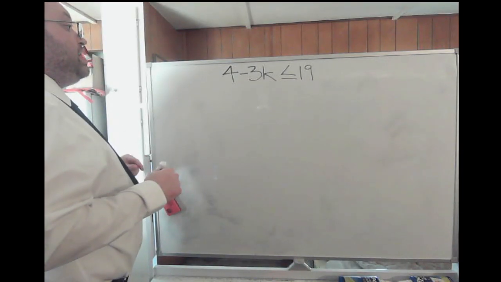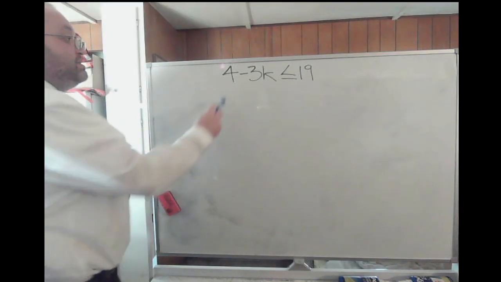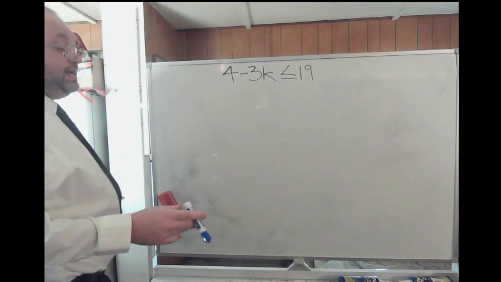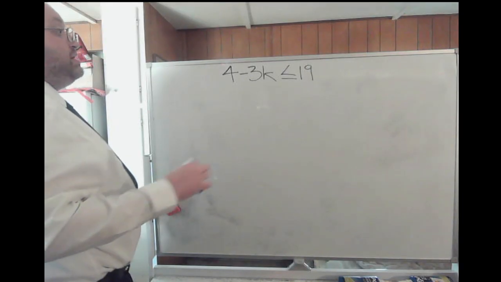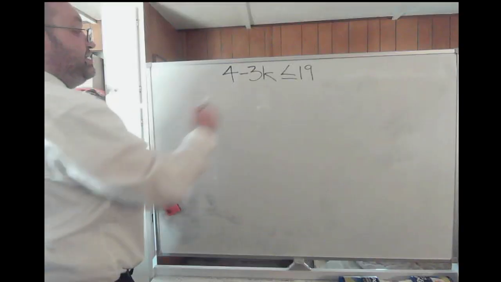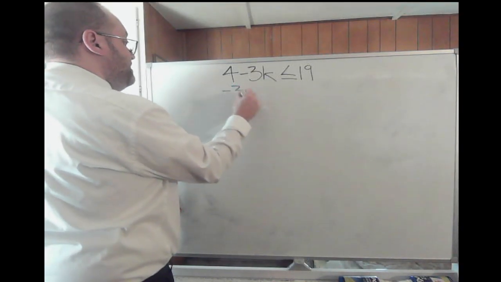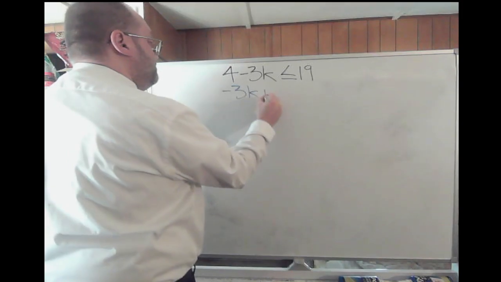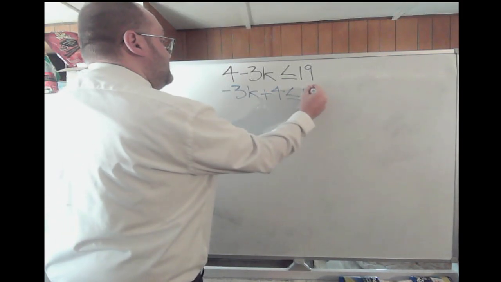Well, you can use the fact that 4 minus 3k is the same as 4 plus negative 3k. If we remember, when you subtract, you're adding a negative, which means we can use the commutative property to switch the 4 and the negative 3k around. So what you would get is negative 3k plus 4 is less than or equal to 19, okay?